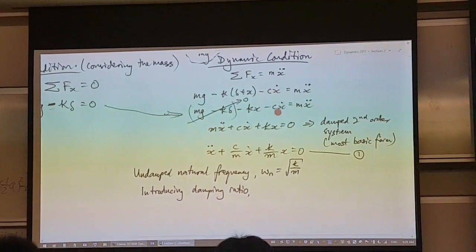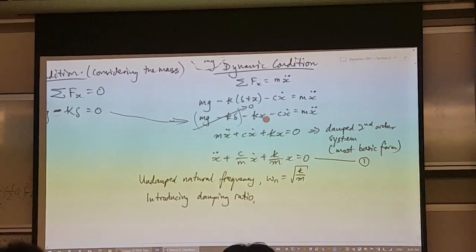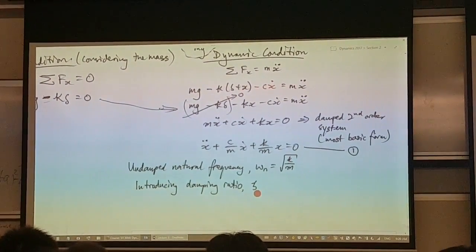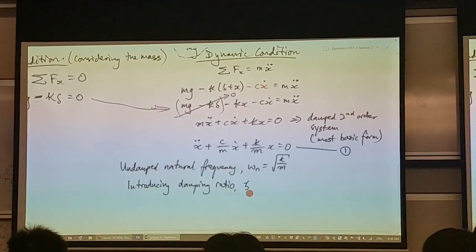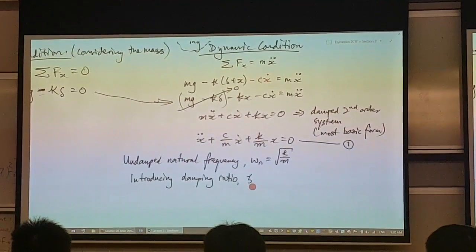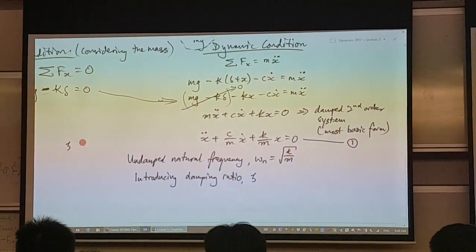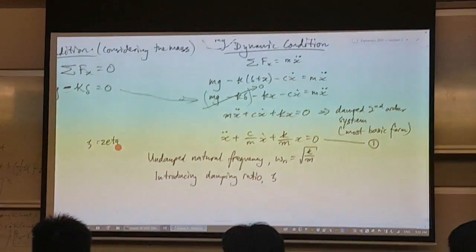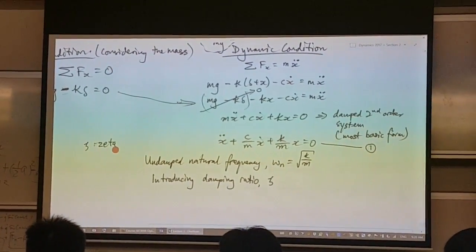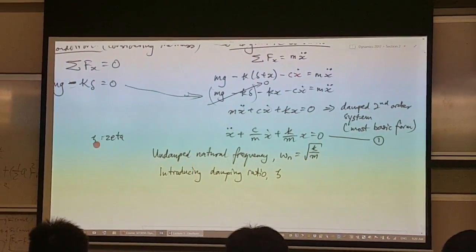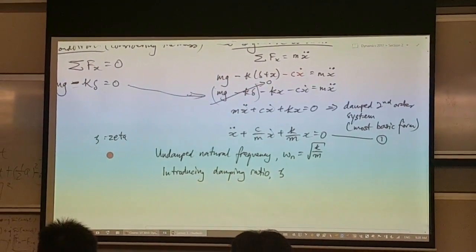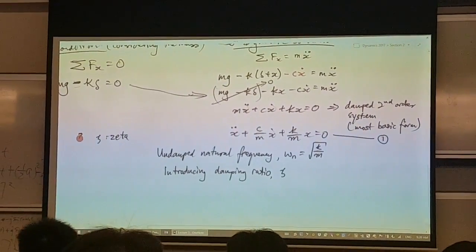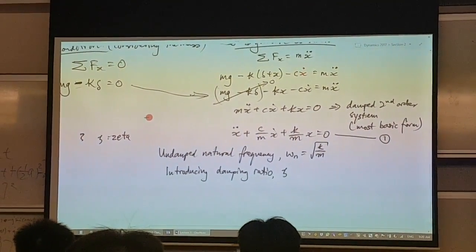Damping coefficient is C, the C value. Damping ratio is this symbol over here, called zeta. Zeta or zeta, some of you learn in different ways. Note this symbol in your set of lecture notes. In printed form, it's written in that way.